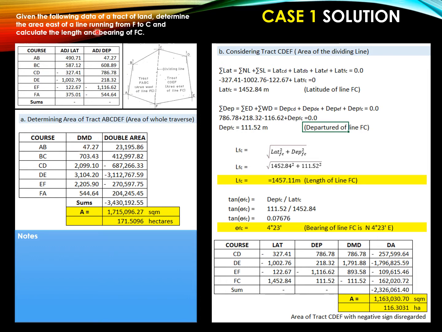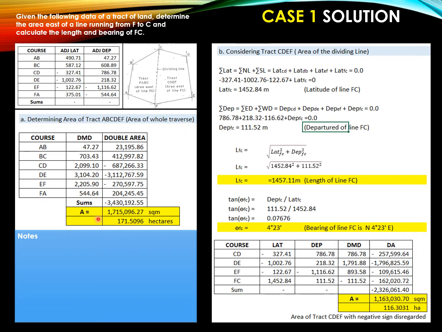So the departure 47.27 to 703, to get this is 47 plus 47 plus 608.69 and so on. I already discussed before how to compute the area of the whole traverse.